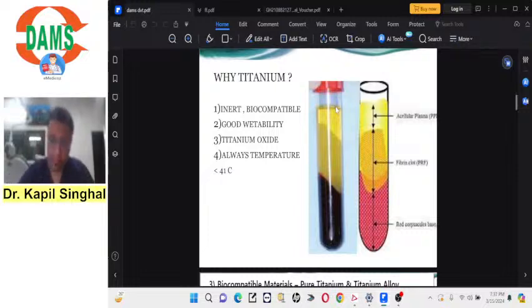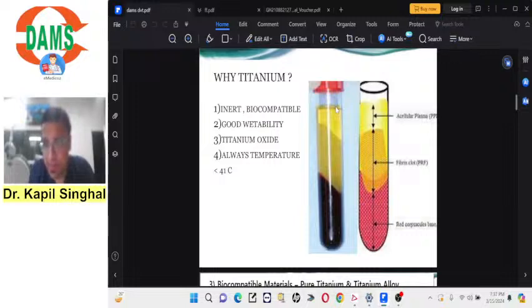So please remember, the temperature while drilling should always be less than 41 degrees centigrade, because at 41 degrees centigrade osteoblast starts dying. अगर टेम्परेचर 41 डिग्री सेंटीग्रेड से ऊपर हुआ, the osteoblast will start dying.